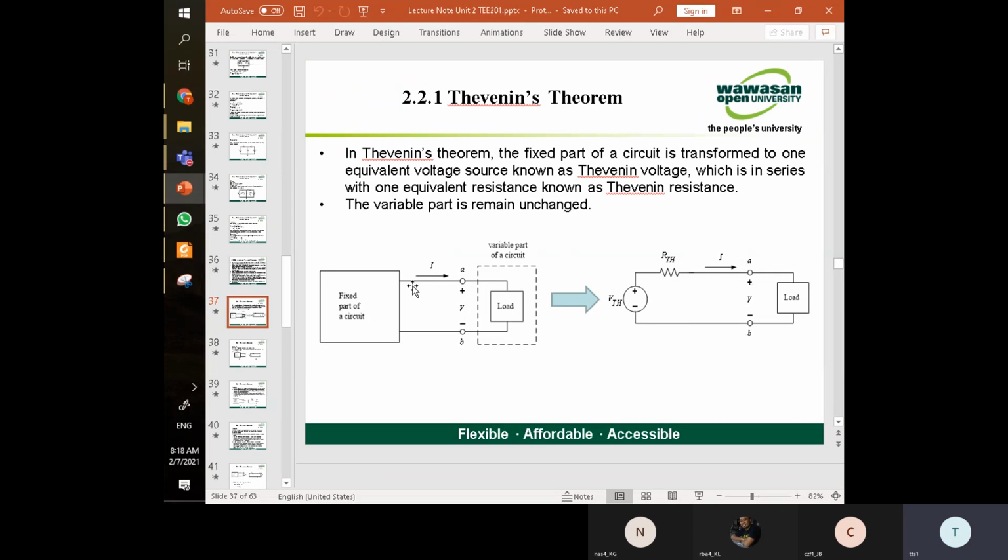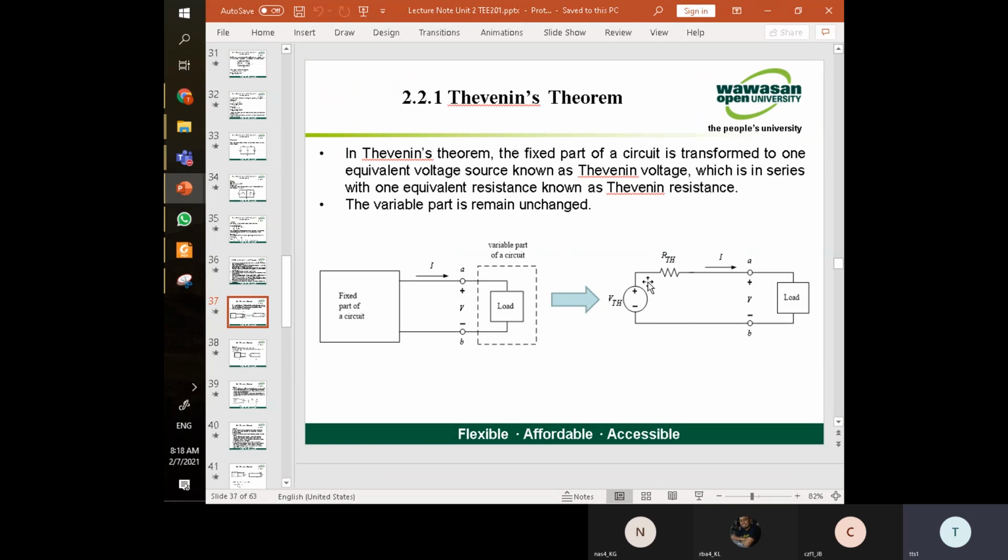So we can find the resistance and voltage for the fixed part of the circuit, and later join it with the variable circuit. We can easily calculate the current and voltage, because after we reduce the whole circuit to only 2 components, V and R, we will know the current.